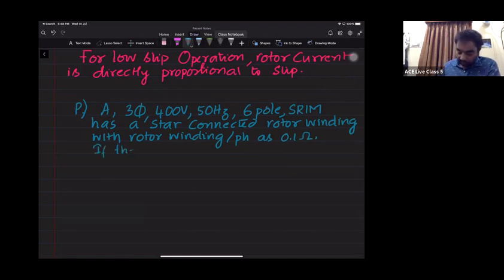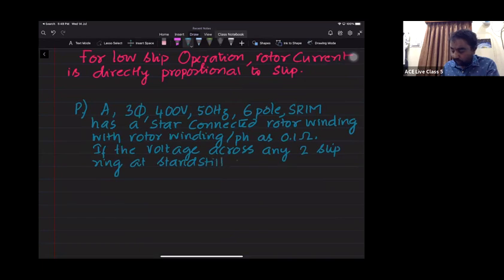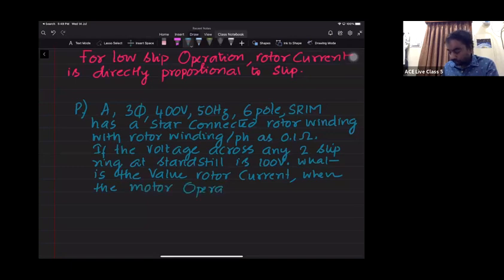If the voltage across any two slip rings at standstill is 100 volts, what is the value of rotor current when the motor operates at a slip of 4%?